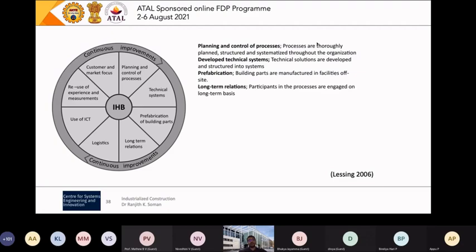If we need to do prefabrication, we need long-term relationships with the vendors and suppliers so that we have consistent quality all through, and better reliability because we know they will deliver and they know we will give them an order. So they will give us priority. That's what is happening in manufacturing, so similarly we need long-term relationships here. Then we need to think about logistics.